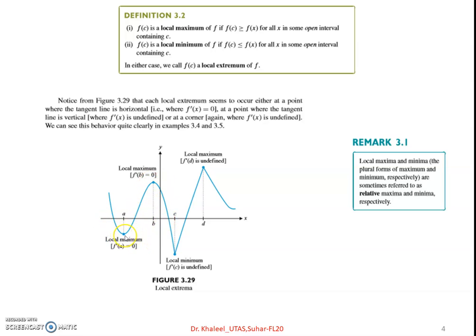So here the derivative is defined, here the derivative is not defined. That means at these points, 1, 2, 3, 4, you have a local extremum, right? So a local extremum happens only in two cases: either the derivative is zero, or the derivative is not defined.